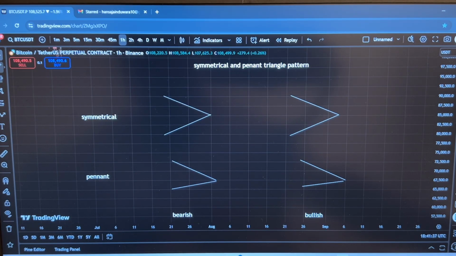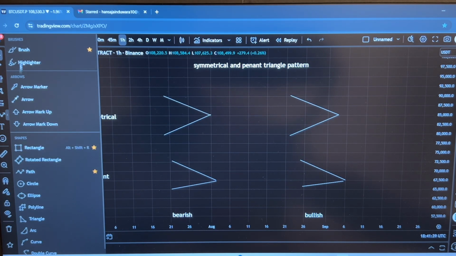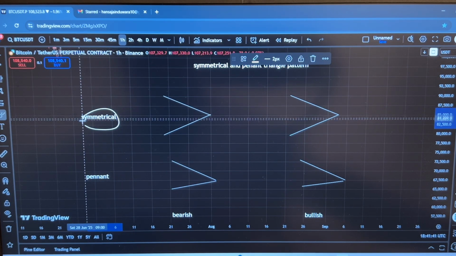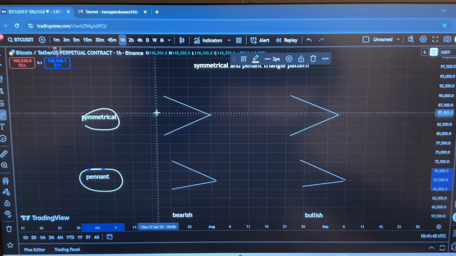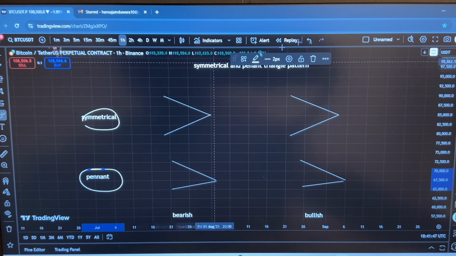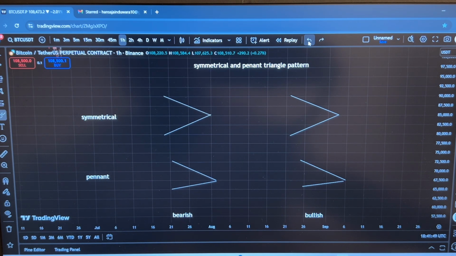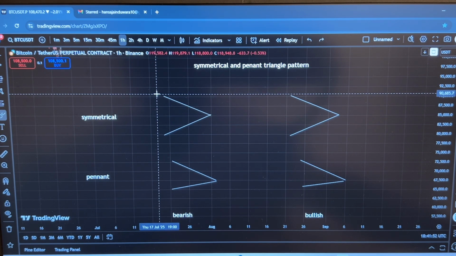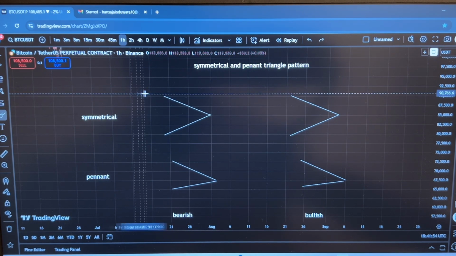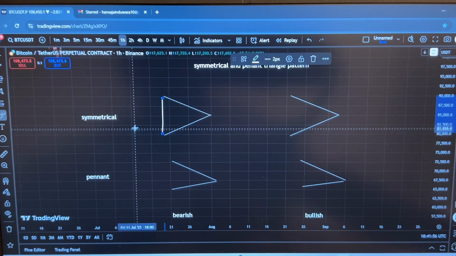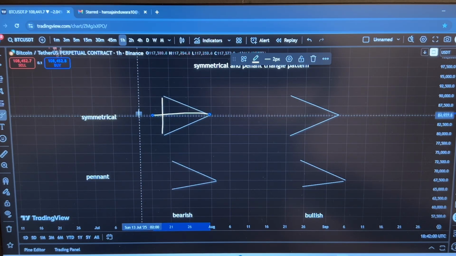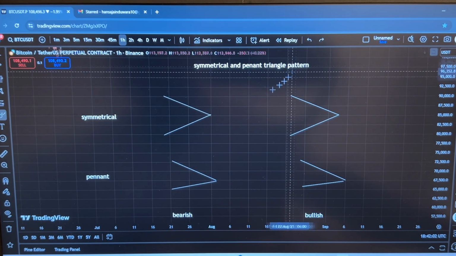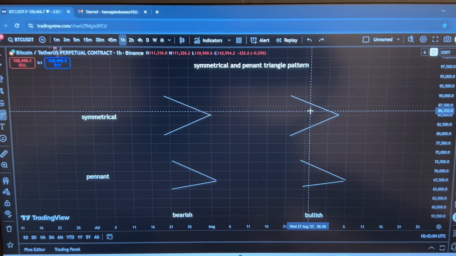First off, I will talk about the symmetrical chart pattern, and the pennant chart pattern later. Symmetrical, you know what it means: these two trend lines make a triangle. This triangle is a symmetrical triangle, and it's the same for both bullish and bearish.